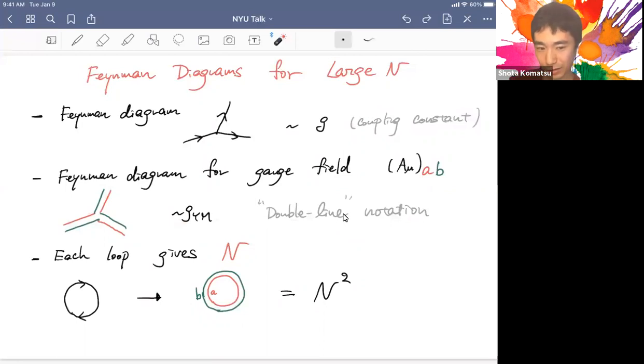One important feature of this diagram is that in the large N limit, each loop gives a factor of N. For example, let's consider the double line version of this vacuum diagram, which is given by this. As you can see, this contains this red loop and also a green loop. For each loop, you have N possibilities of the colors or indices. So in total, you get N squared.